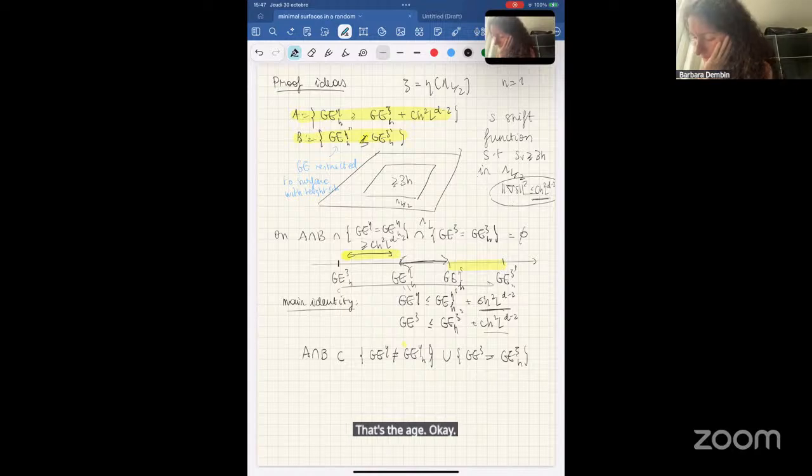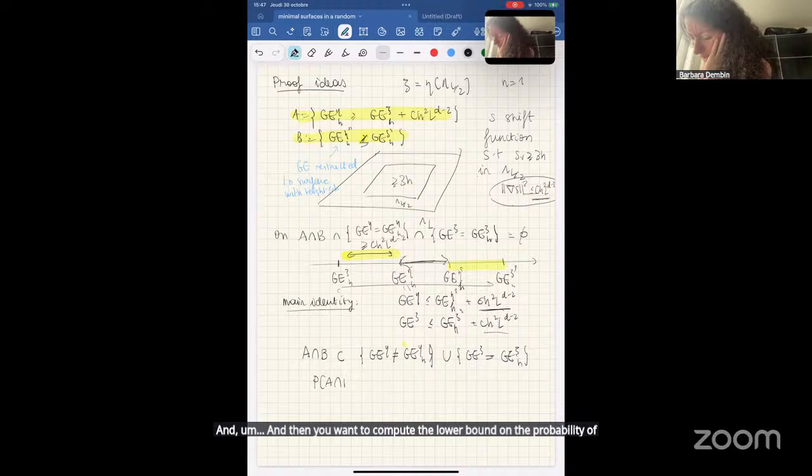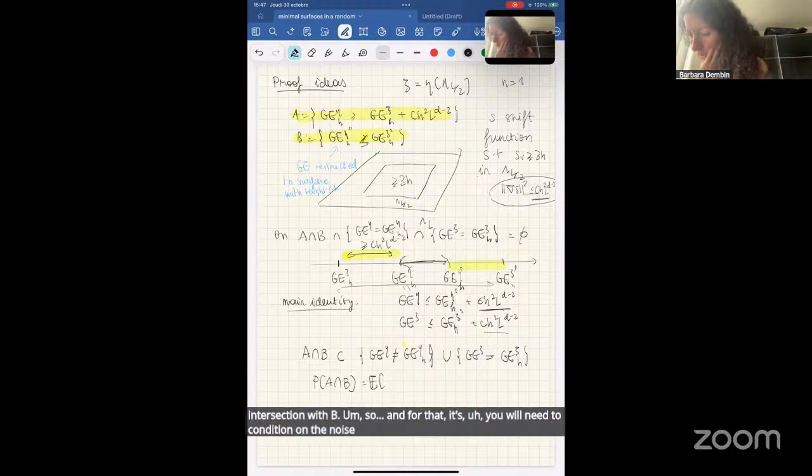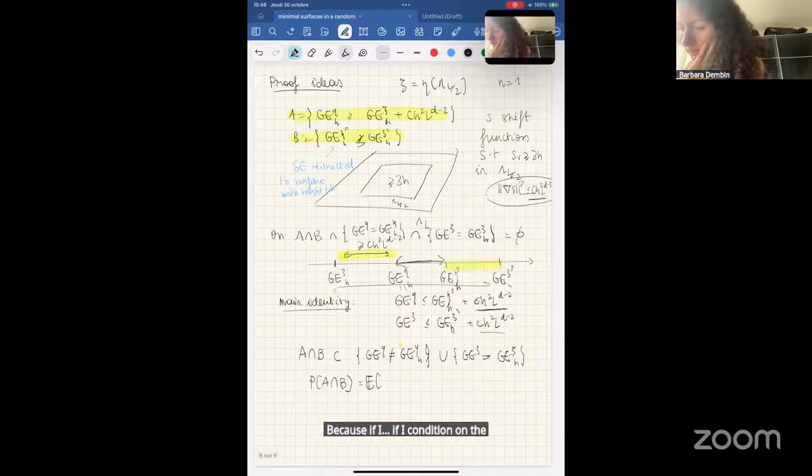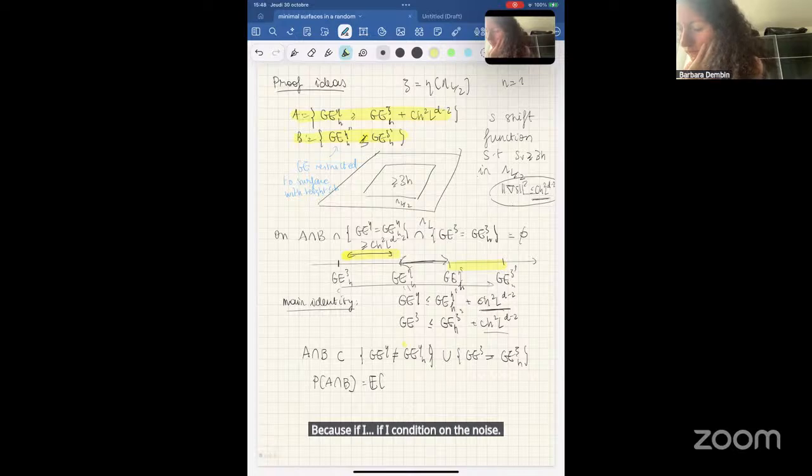Okay, so you have this, and then you want to compute the lower bound on the probability of A intersected with B. For that, you will need to condition on the noise outside lambda L over 2 so that they become independent. Because if I condition on the noise here, since it's the shifted environment and the shift is large, they are both functions of disjoint portions of space.